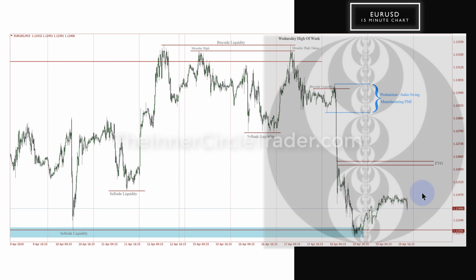I'm watching that little area there. So it may poke its head above the 112.60, 112.65 in that area. But I'd like to see if it does that. I don't think it needs to. But if it does, I want to see it reject that and go lower.